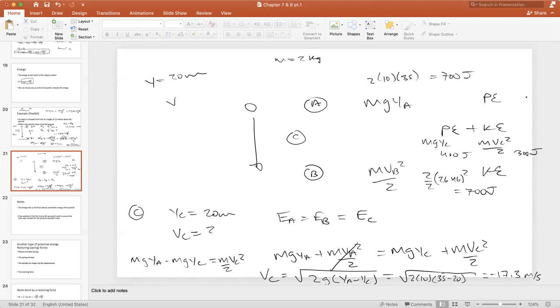At some point in between, we chose C. And at C, it had a little bit of potential and a little bit of kinetic. And when you add them together, you get all the energy that it had at A. What's happening is the potential energy, as it goes from A to B, is going from potential energy to kinetic energy. What's doing that? Gravity.